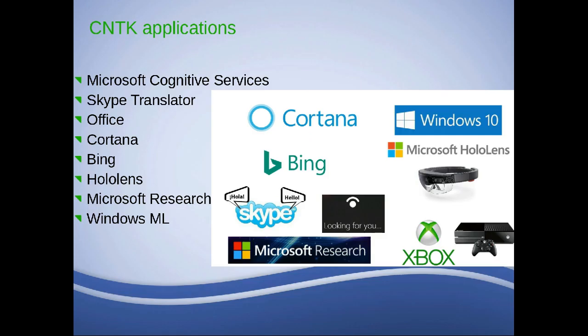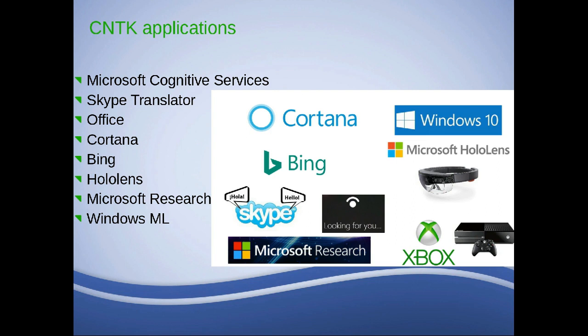Let us see the list of CNTK applications. Many of the AI services Microsoft has are now created using CNTK. Cognitive Toolkit is the secret weapon for Microsoft to create cognitive services like Skype Translator, and many other AI breakthroughs like speech recognition that has now reached human parity for conversational speech.